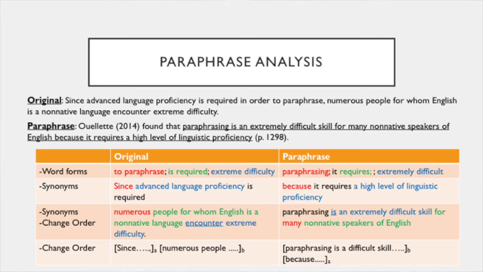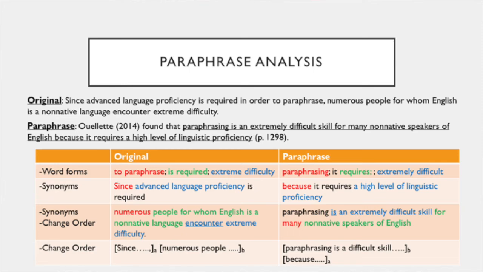Since is changed to because. Advanced language proficiency is changed to a high level of linguistic proficiency. Other strategies like synonyms and changing the word order, grammar, or syntax are used here as well. Numerous is changed to many.